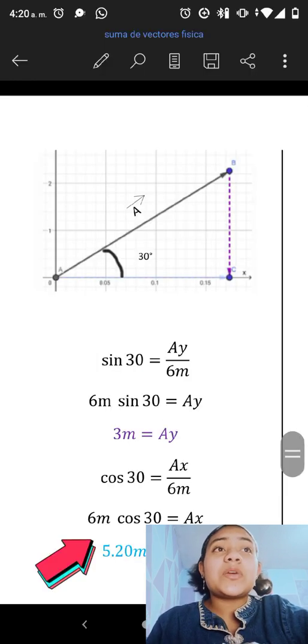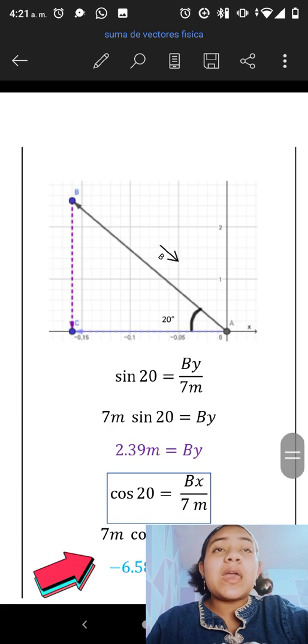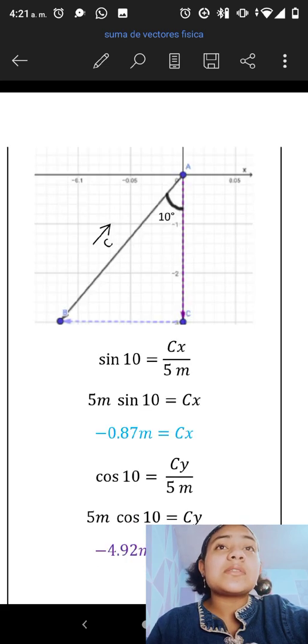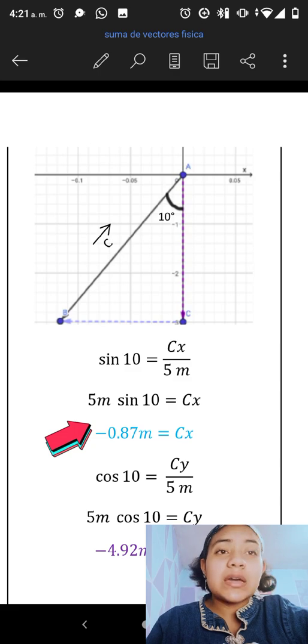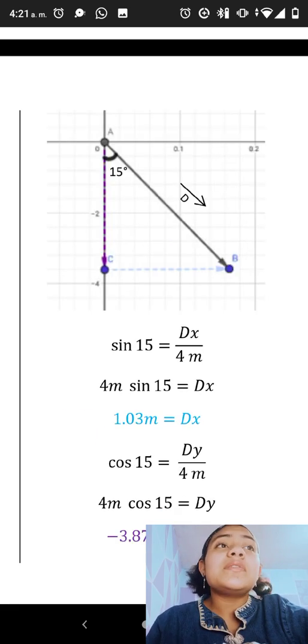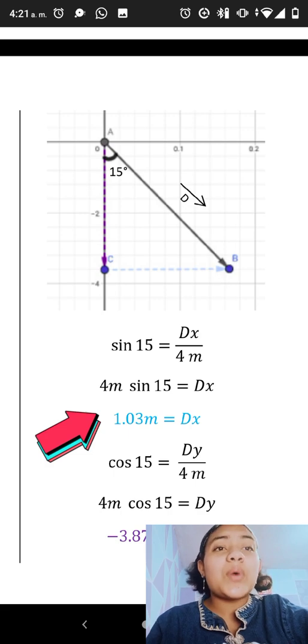To confirm the results, the vector AX is equal to 5.20, BX is equal to negative 6.58, CX is equal to negative 0.87, and DX is equal to 1.03.